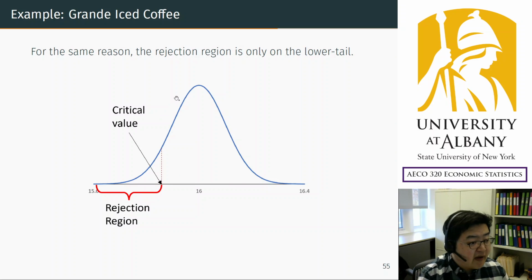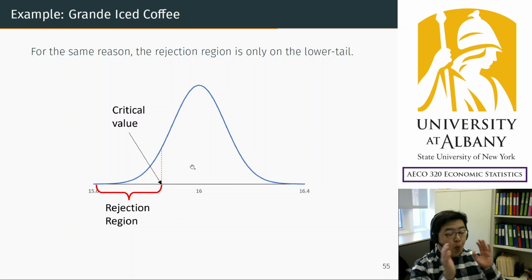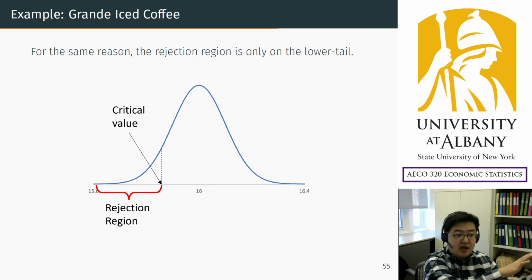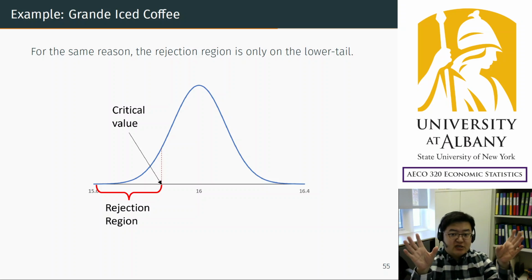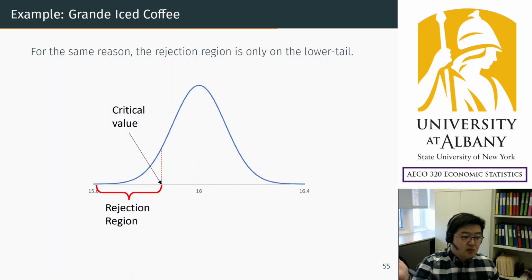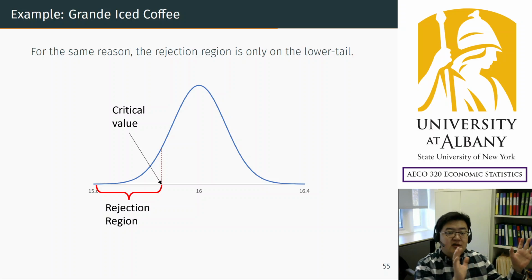And then the critical value will also be one-sided. In the previous chapter, and earlier today, the critical values are two-sided: upper critical value, lower critical value. But now, we only have the lower critical value. The upper side is not a problem. On the upper side, there is no limit. We don't reject on the upper side.